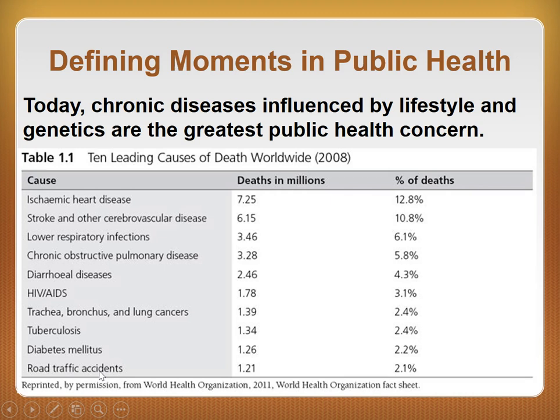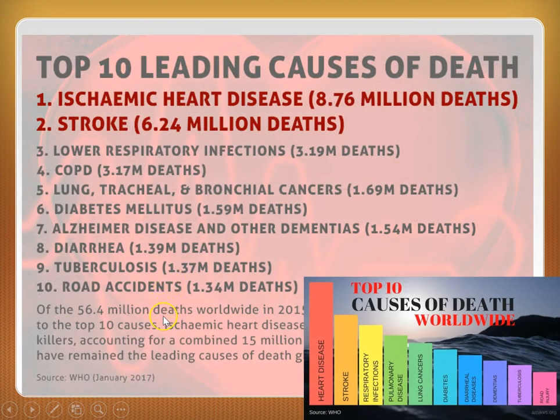So as we can see very clearly here, the vast majority of the chronic diseases are related to the lifestyle of individuals. Let's check the updated 10 leading causes of death in 2017.